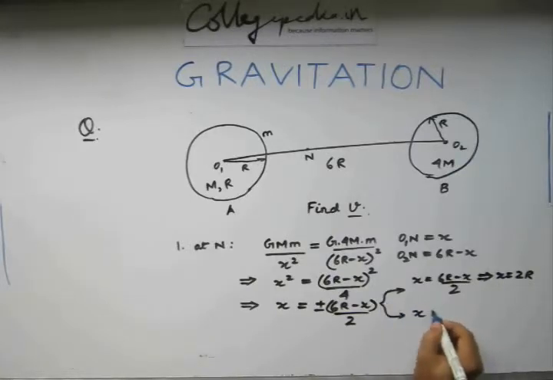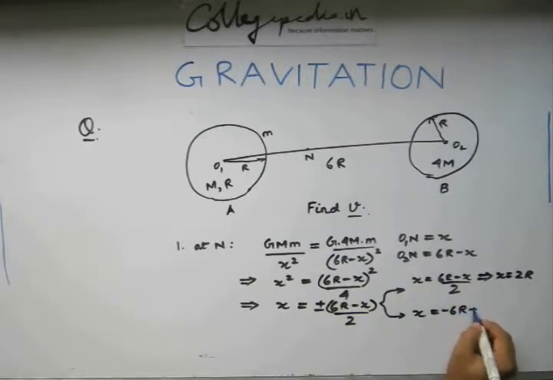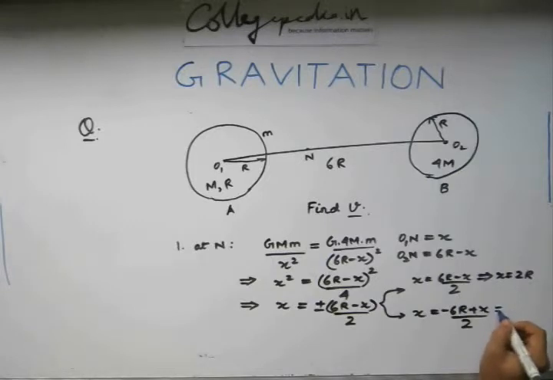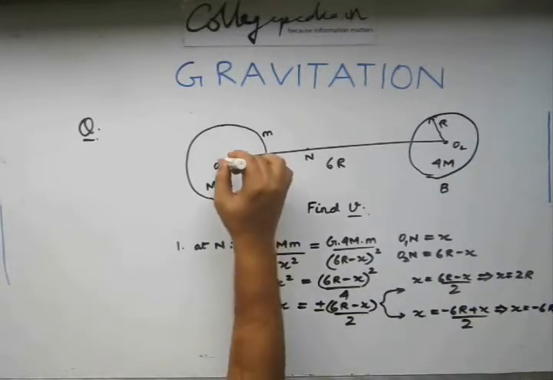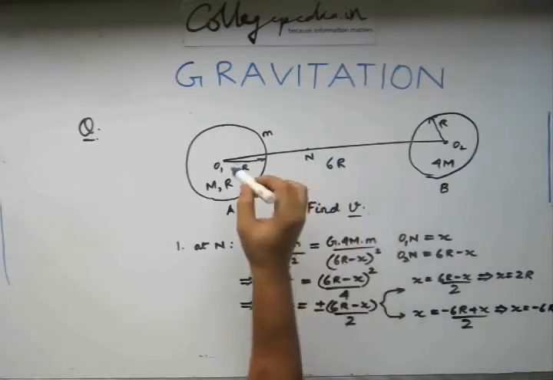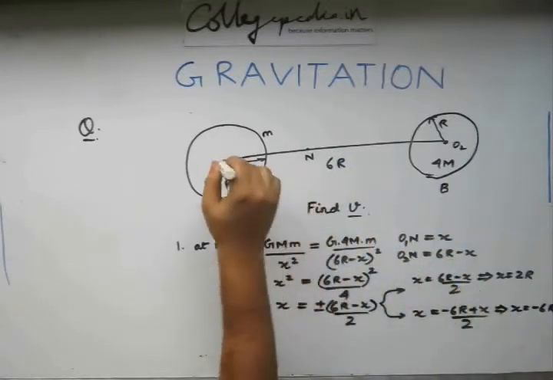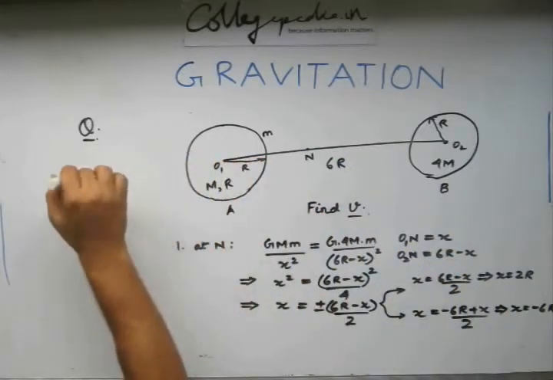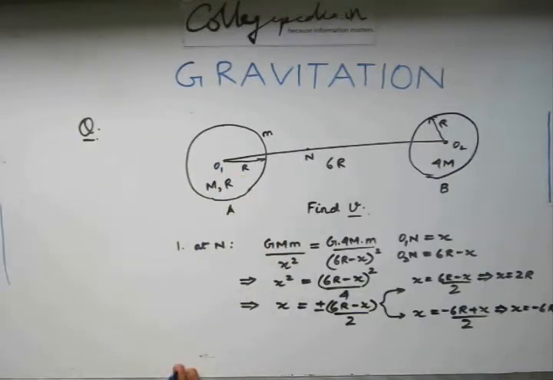Otherwise, we can also have x equal to minus of (6r plus x) by 2. This will give us x equal to minus 6r. So if we are calculating x as positive in this direction, we can say that minus 6r is a negative quantity.